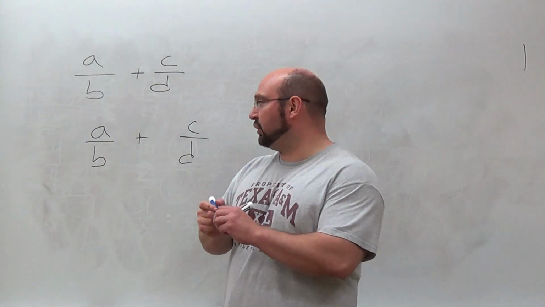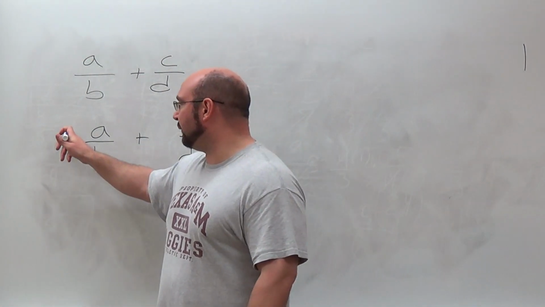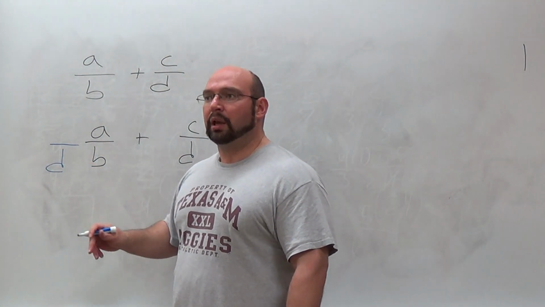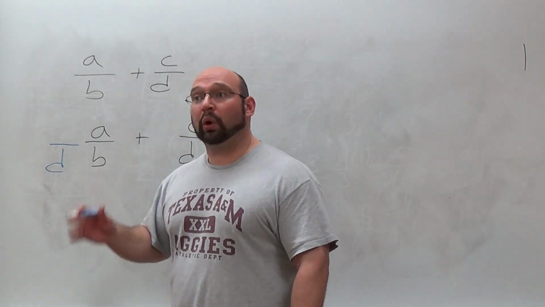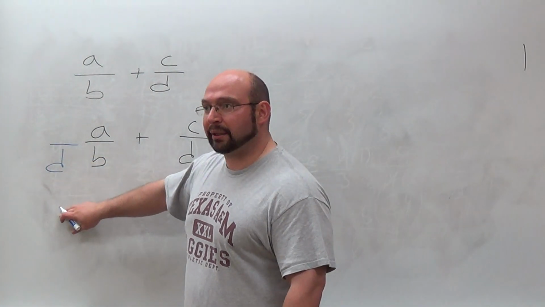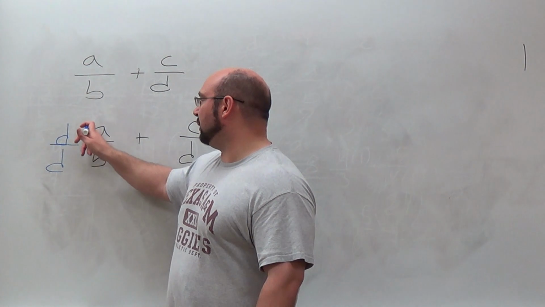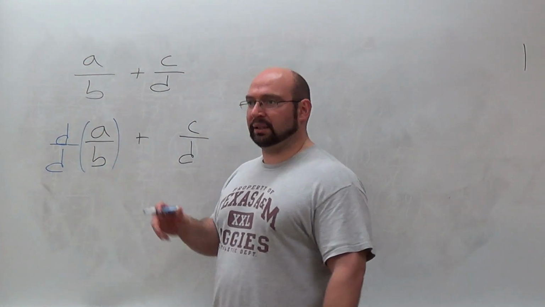So what I'm going to do is I'm going to multiply this by D. Right? But I'm multiplying by 1. So what I do to the bottom, I have to do to the top. So I'm going to multiply both sides by D.